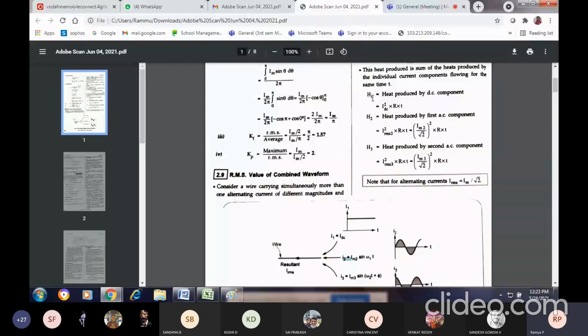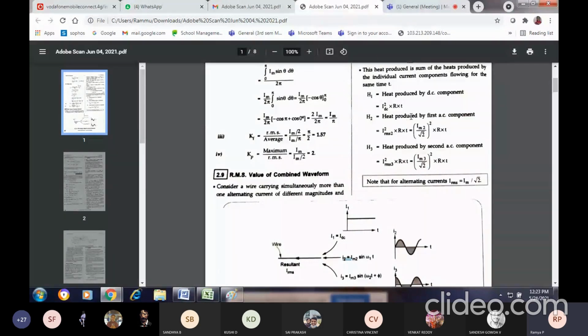And the next time, what kind of input current am I giving here? This is an alternating one. So alternating current I'm giving. What is the amount of heat produced if I give the first AC component? I say first because I have used two more, and they are AC components only. The second current and the third current are both AC. So I have used the heat produced by the first AC component.